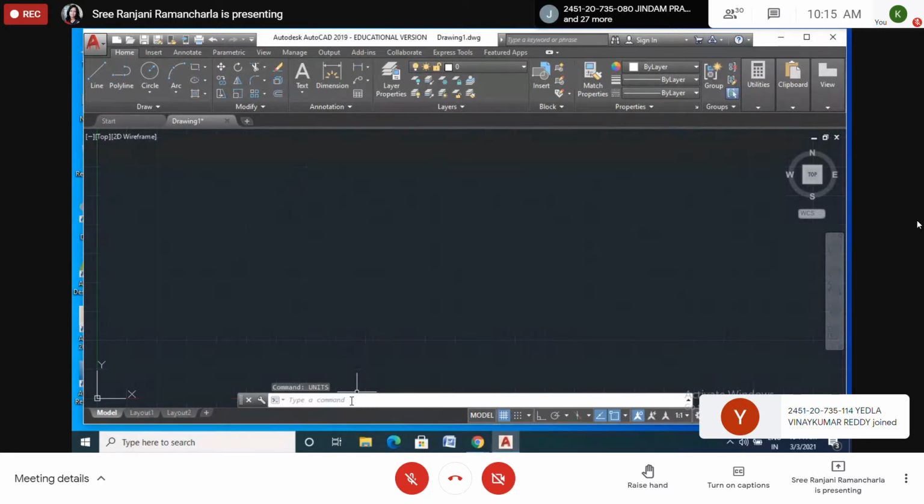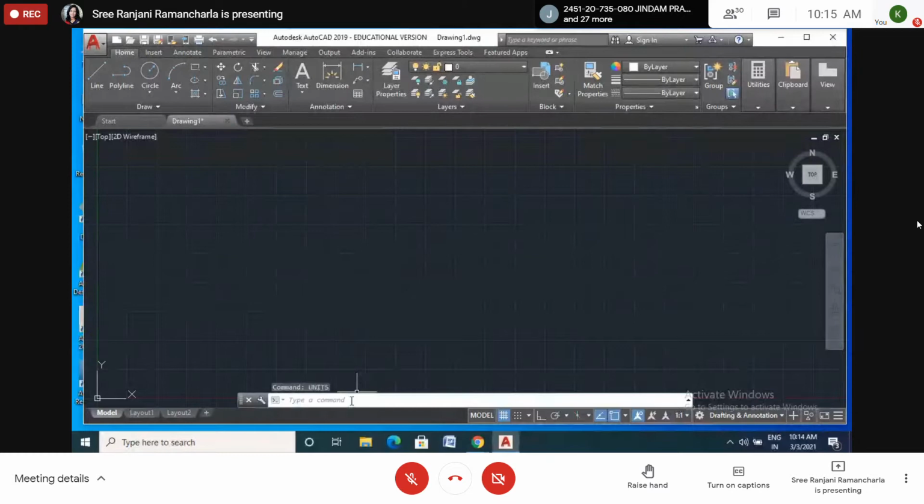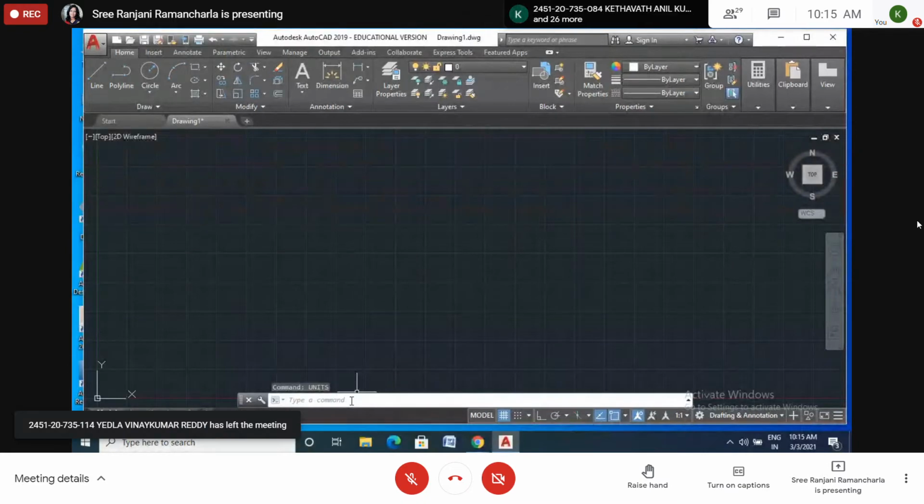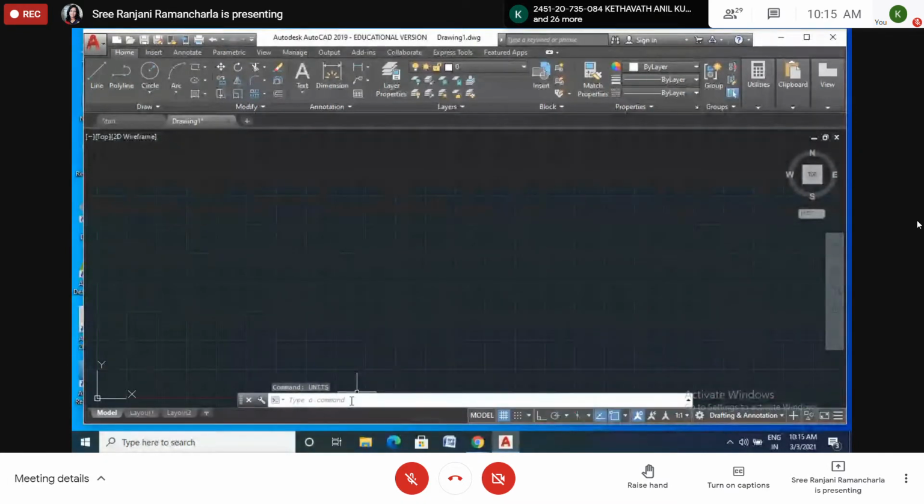An A4 sheet is approximately 200 by 200 millimeters. We are doing simple drawings. When we are doing very typical, very minute drawings, then we have to go for a big sheet. Then by zooming that sheet, we also have to set the scale in a different way. Don't bother about all that.